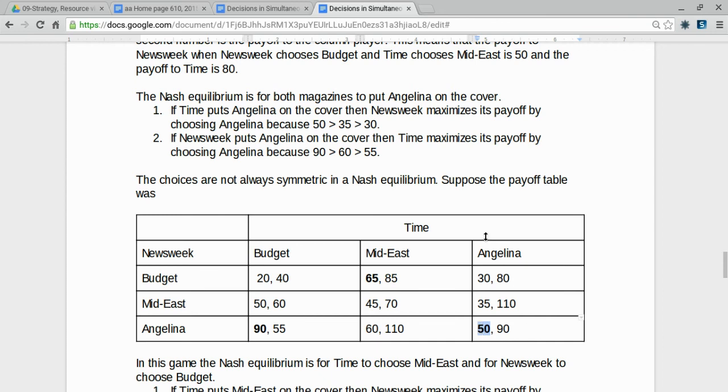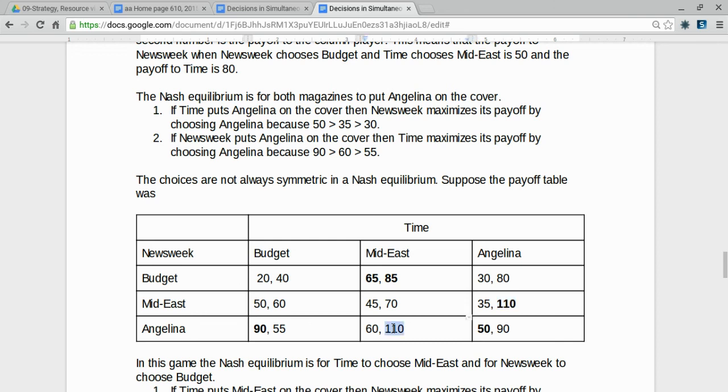If Newsweek chooses Budget, then Time would like to choose Mideast, because 85 is the highest payoff in the Budget row. If Newsweek chooses Mideast, Time would like to choose Angelina, because 110 is the highest payoff in the Mideast row.